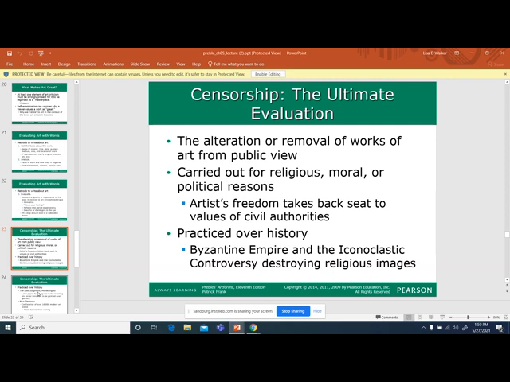Which brings us to censorship. Censorship is in one way the ultimate evaluation, but it is often performed by the least qualified people. The people that tend to say this art should not be shown are often people who do not take time to evaluate the art, do not know how to evaluate the art.